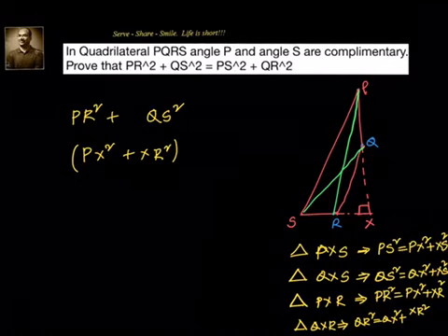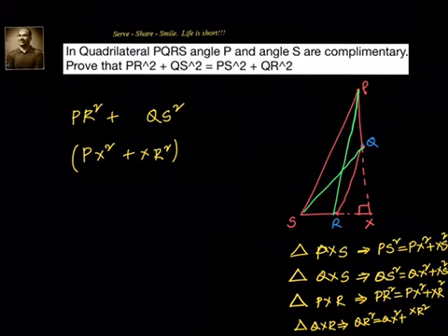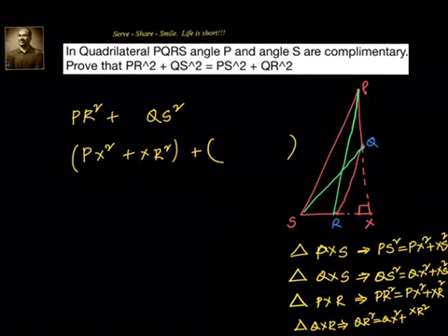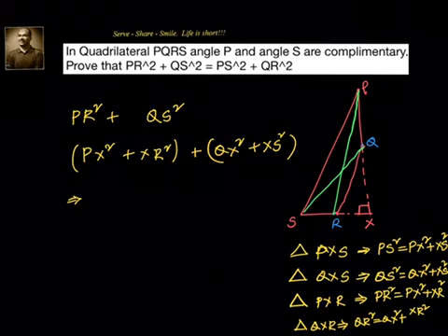Now we want to apply the same Pythagoras theorem we have applied on different triangles. Same thing we are writing here. Now PR square we know is PX square plus XR square, plus QS square according to us is equal to QX square plus XS square. Now let's rearrange them.